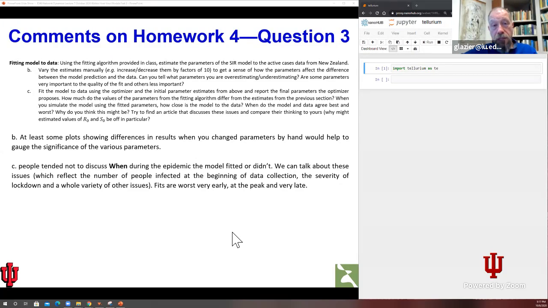Near the peak of the epidemic, there tends to be a problem, both in the data estimates and in the model fit. And then at the very end, our simulations would say that the rate of infection would go to 0, number of active cases would go to 0. And we don't see that.